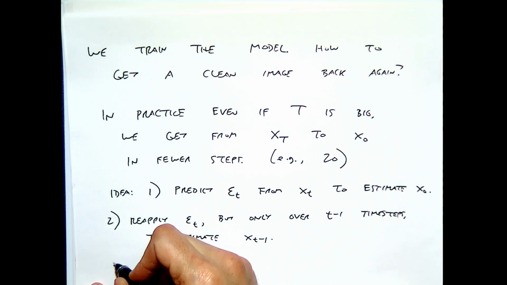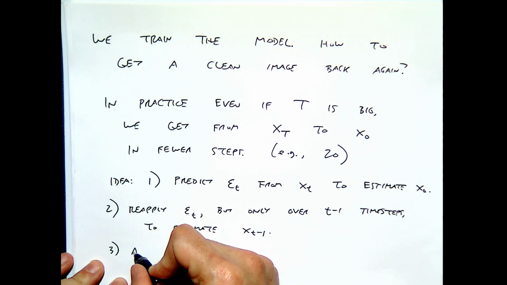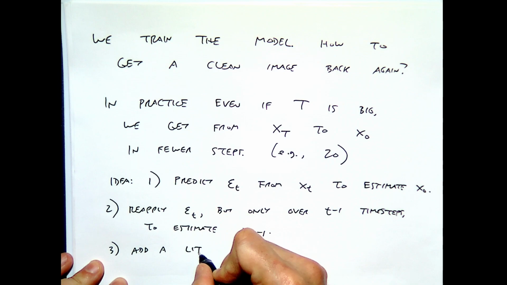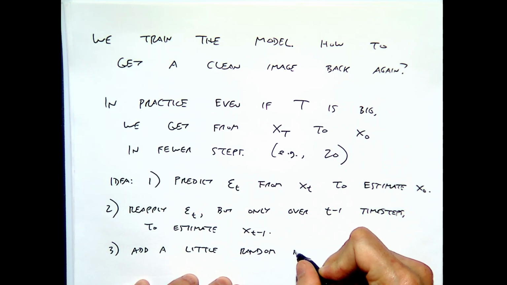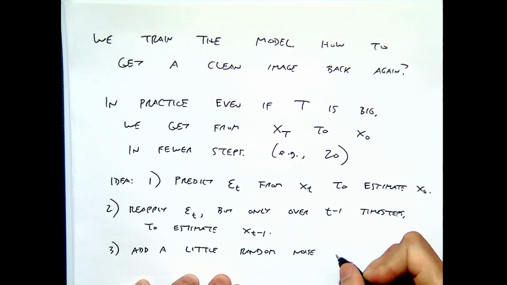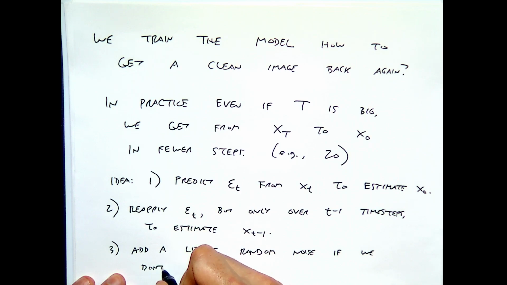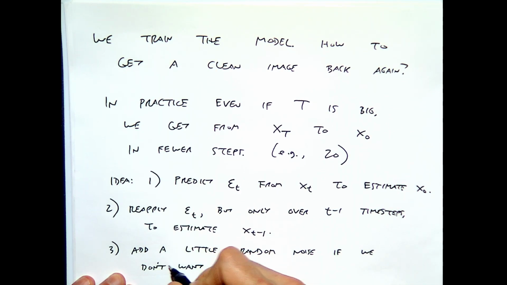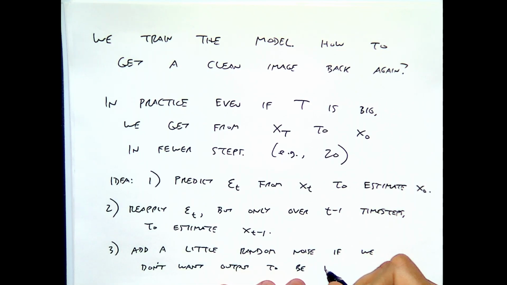So if I want a little bit of uncertainty, basically I can add a little random, additional noise at this step if we don't want the output to be entirely deterministic.